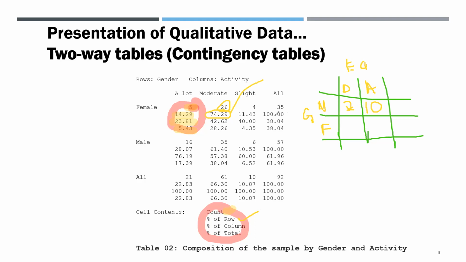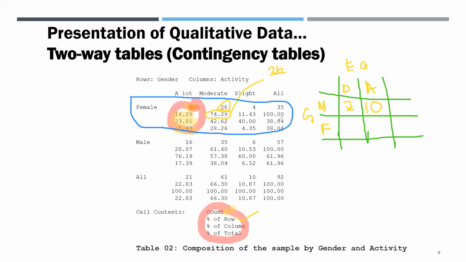That means you have to consider the row totals. Here in this cell, the frequency is 26. That means there are 26 females with the moderate activity level. And then we are calculating the row percentages.